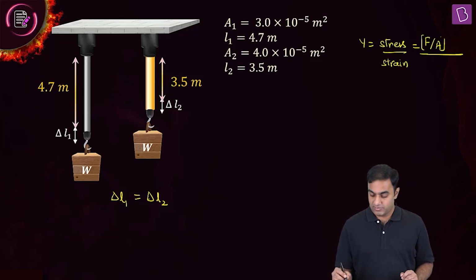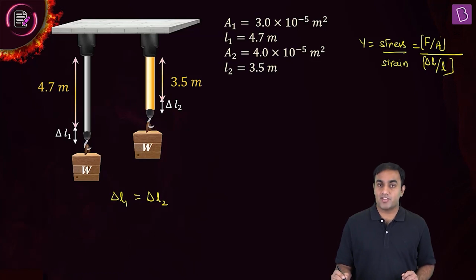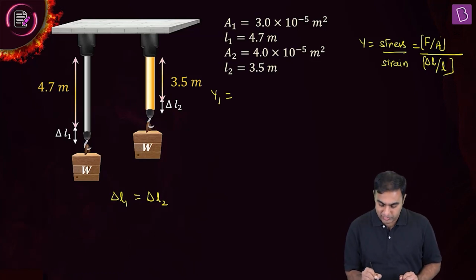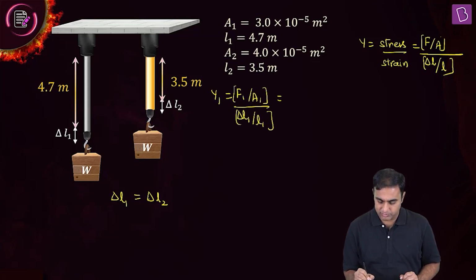It's the ratio of change in length of the wire to the original length of the wire. Now, if you take this definition and look at the Young's modulus of steel, that is the first case, you can write Y1 to be F1 by A1 divided by delta L1 by L1.